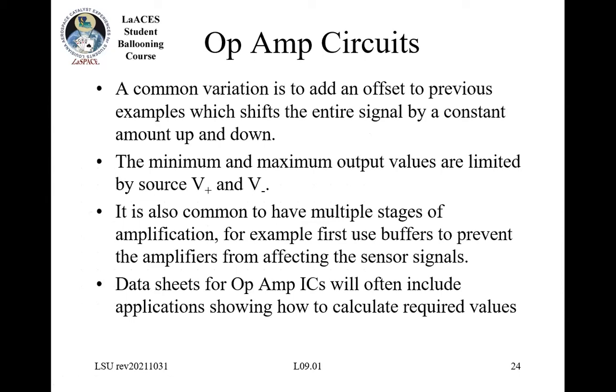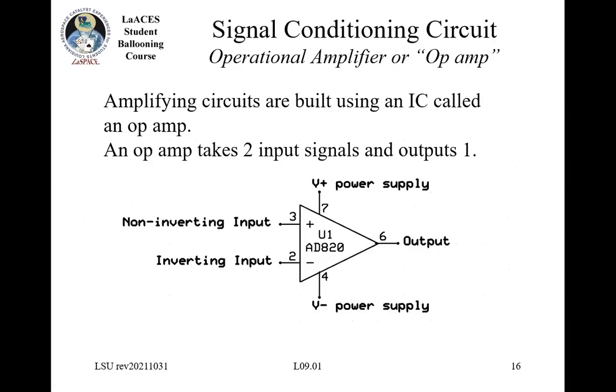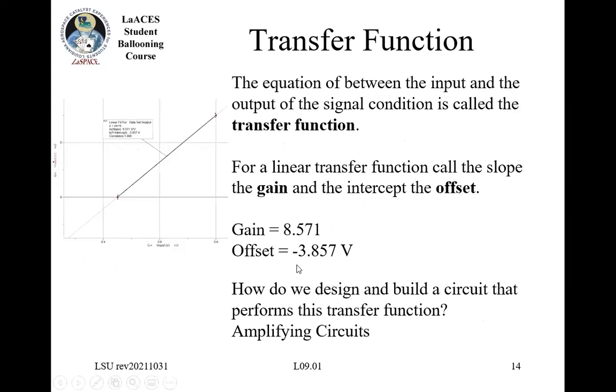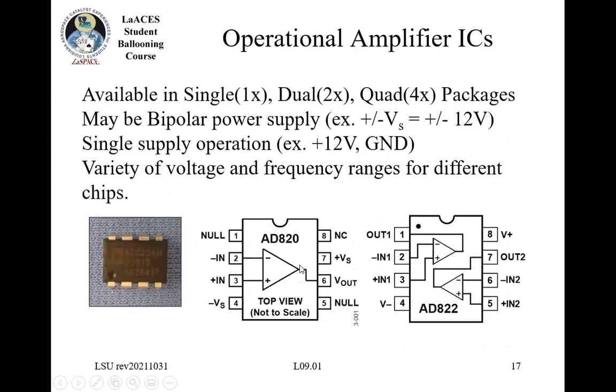So a pretty common addition that you're going to want is an offset. Like we said when we first introduced this, I don't only need to adjust the gain, I need to actually shift the entire signal up and down.